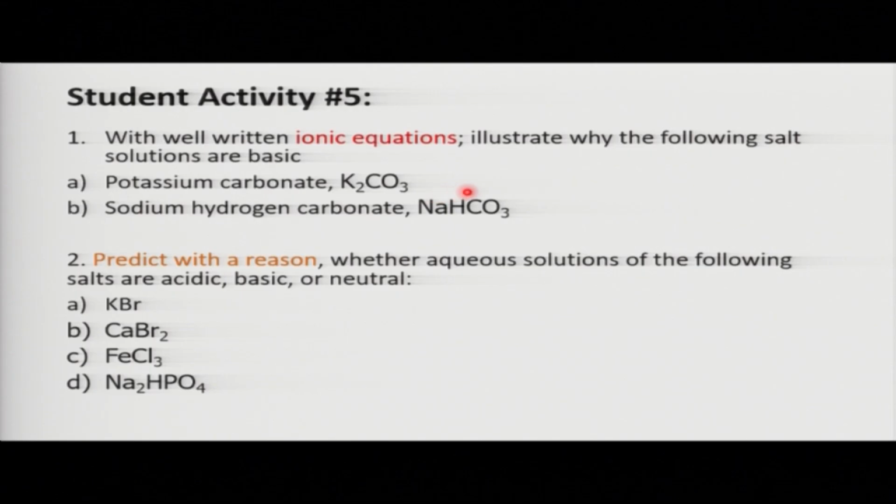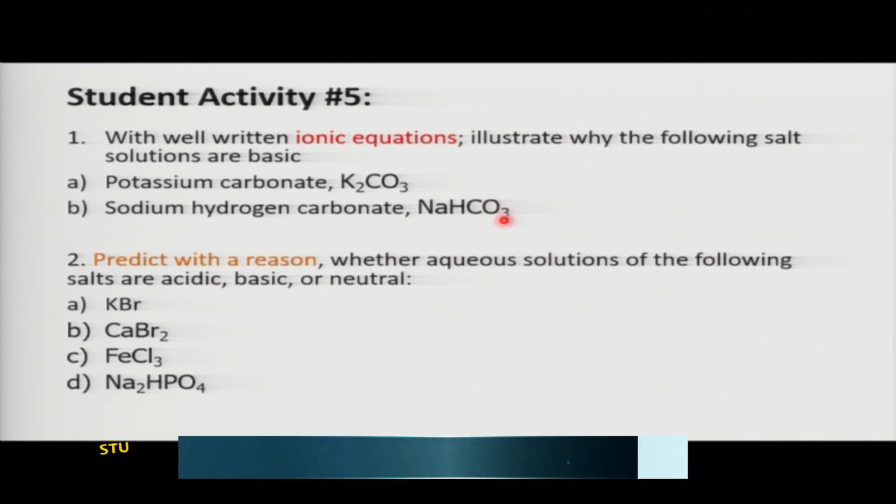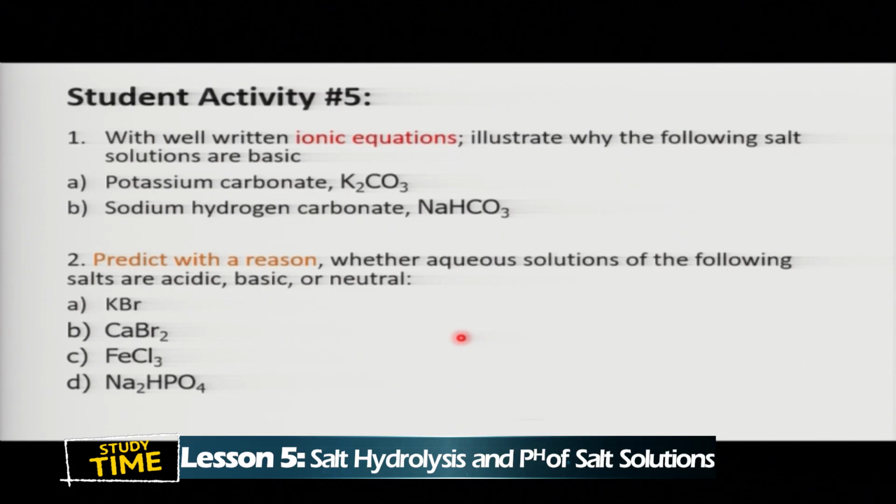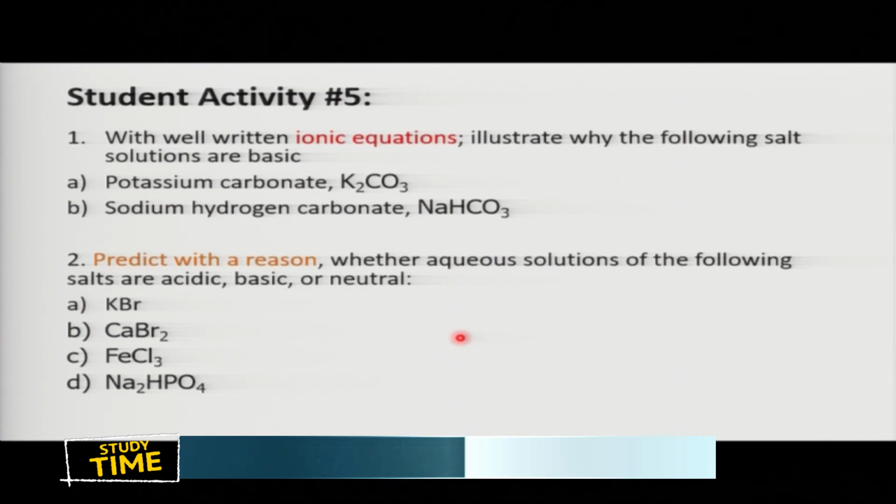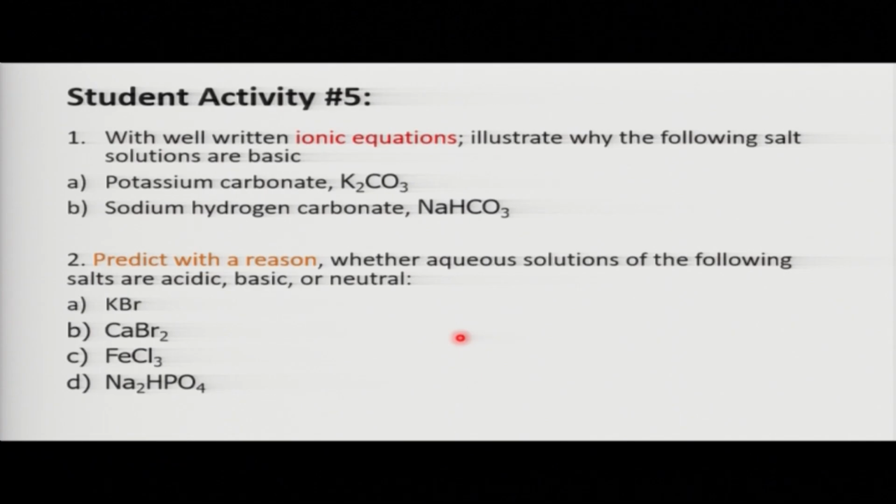Make sure you look closely and refer to what we looked at, then you can come up with the equations. These are the solutions we looked at, so I want you to formulate their equations. Then predict, with a reason, whether these following solutions would be acidic or basic. And that is the activity. Make sure you go through it.